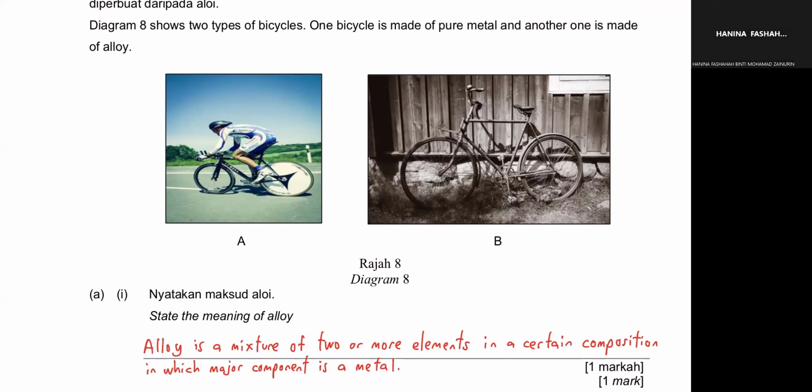So the meaning of alloy: two or more elements combined together. A pure metal, for example copper, has all copper atoms. If it's an alloy, then maybe copper plus zinc, copper plus tin, for example. So this one is a mixture of two or more elements, but the major component is always metal.